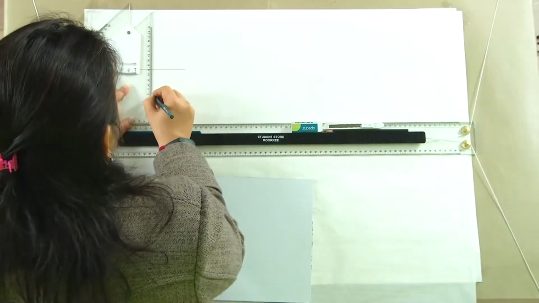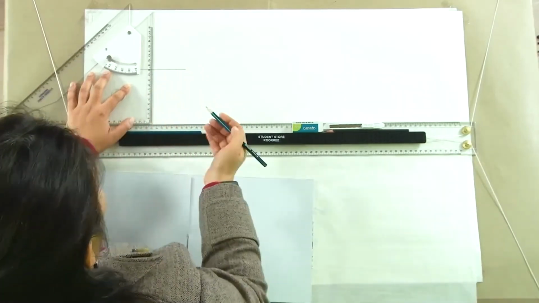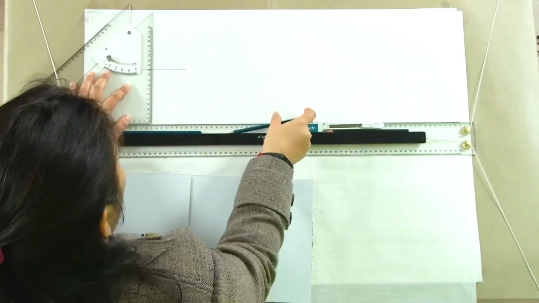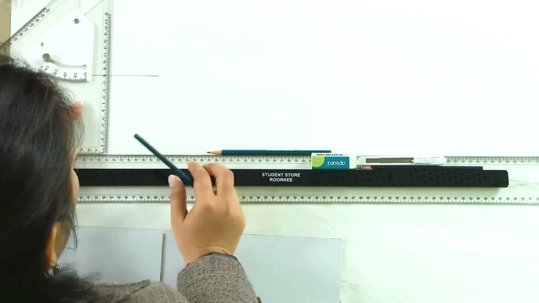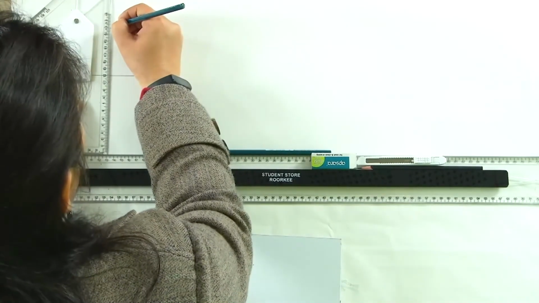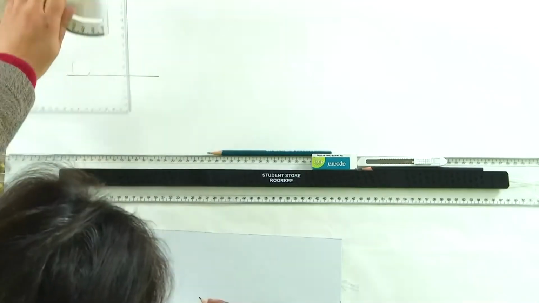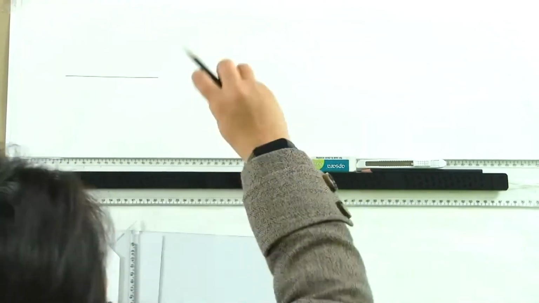So, we will measure 5 centimeters and we will draw a thin straight line where we measure this 5 centimeters here, and it was 7 centimeters above the horizontal plane. So, we mark the point 7 centimeters above.